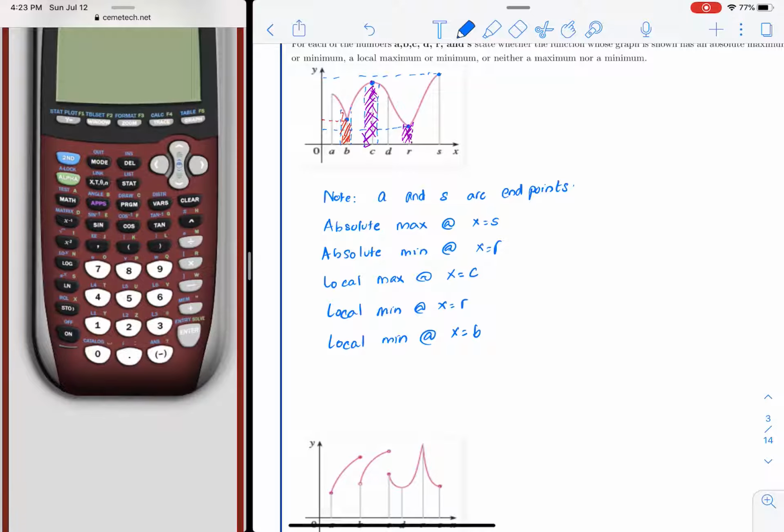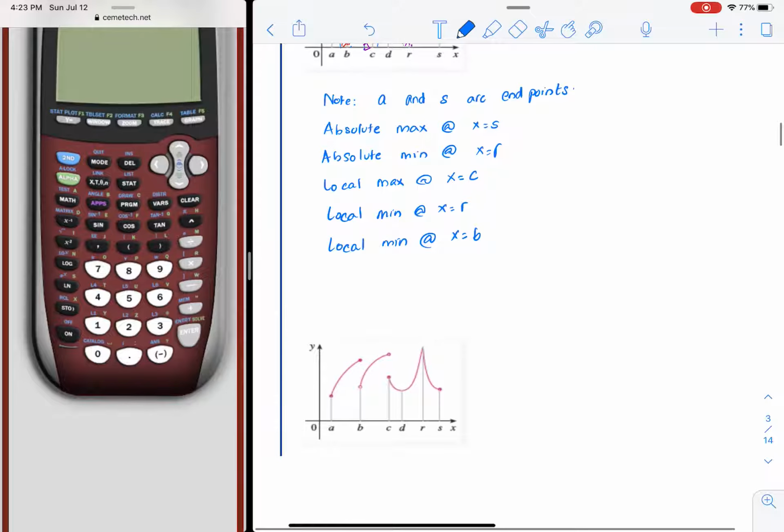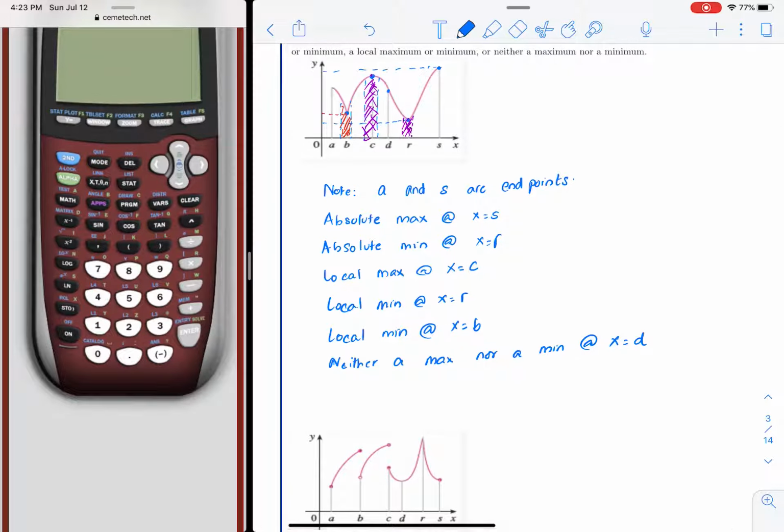And what about point D and A? Well, D is right here. It is not a peak, it is not a dip, and so it's neither a maximum nor a minimum. And if you look at A, it is the same argument, even though it is an endpoint.